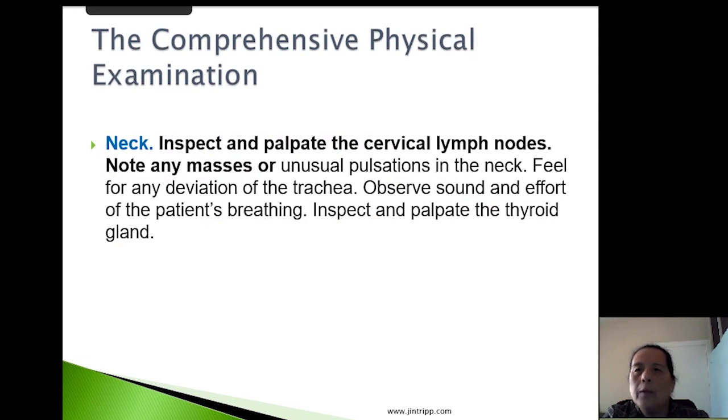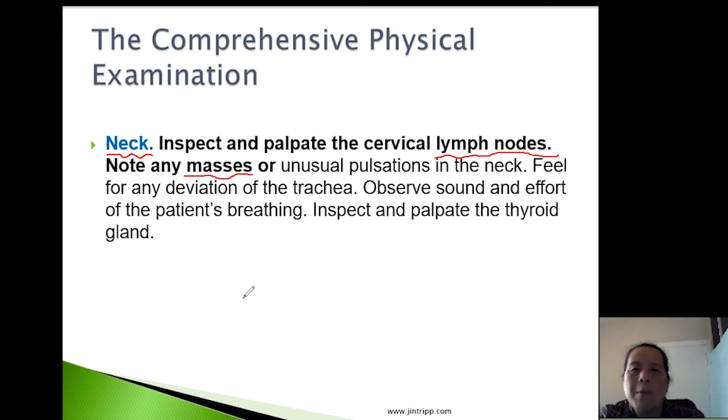Then we move to the neck. Basically, we do exactly the same order as when we ask questions. When we ask systematic questions, we also start from the head to the feet. So now we're moving to the neck. Basically, looking or palpation, to see if they have lymph nodes or other masses there.